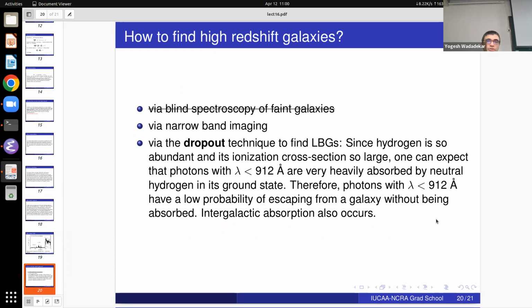One thing you could do is narrow band imaging, which means suppose you have a star forming galaxy, right? And there is an H alpha line that will always be present there. If you can measure narrow band fluxes of this galaxy using a tunable H alpha filter, then once you move it to the redshifted H alpha line, suddenly you will get a strong flux. Otherwise you won't get fluxes.